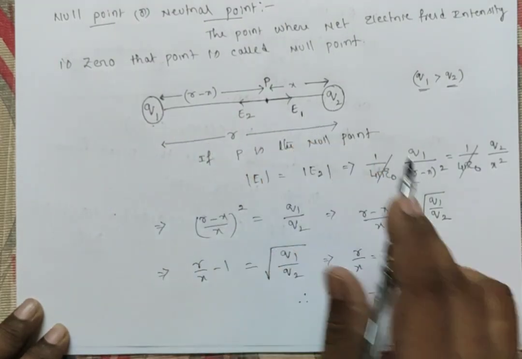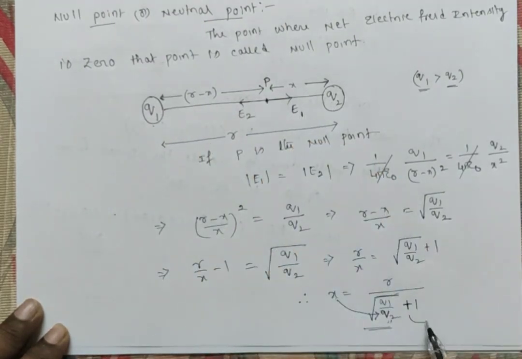If two charges are like charges, we get plus. If these two are unlike charges, in place of plus we will get a minus.